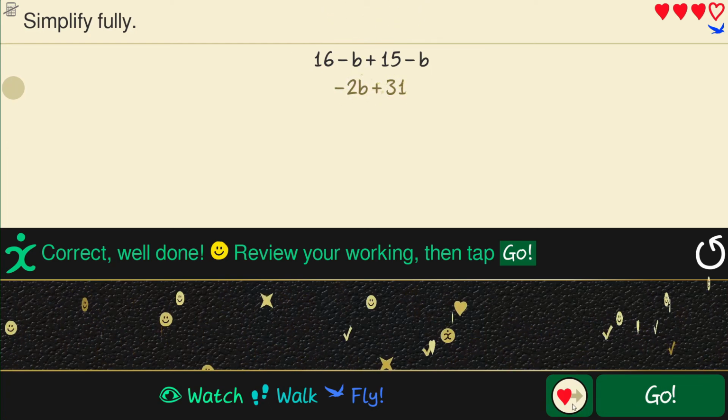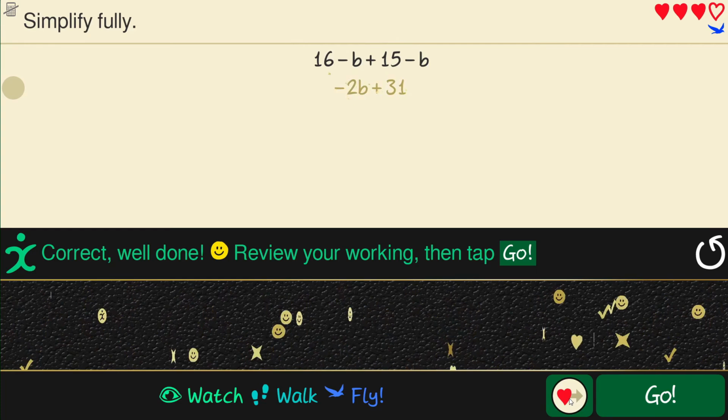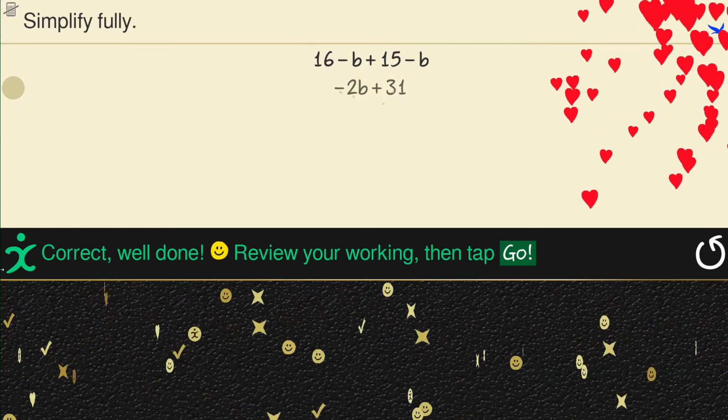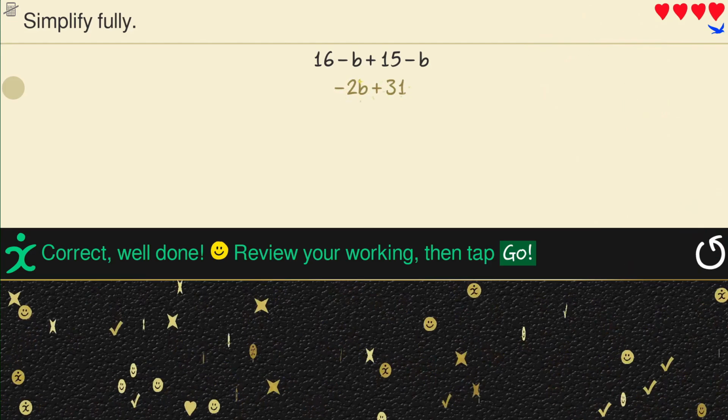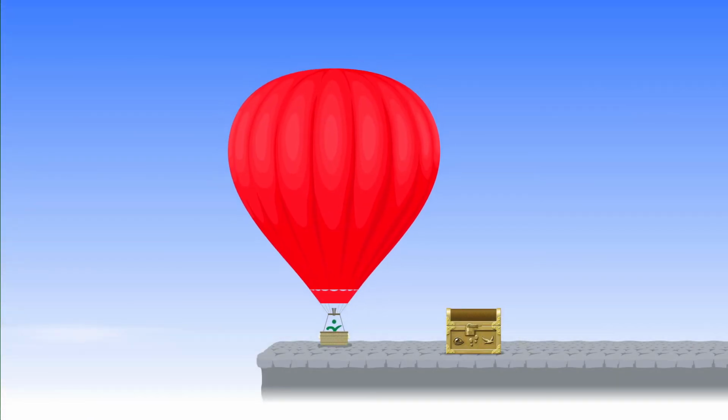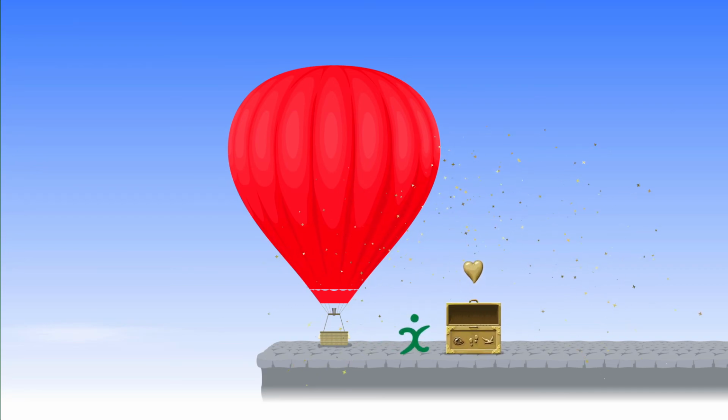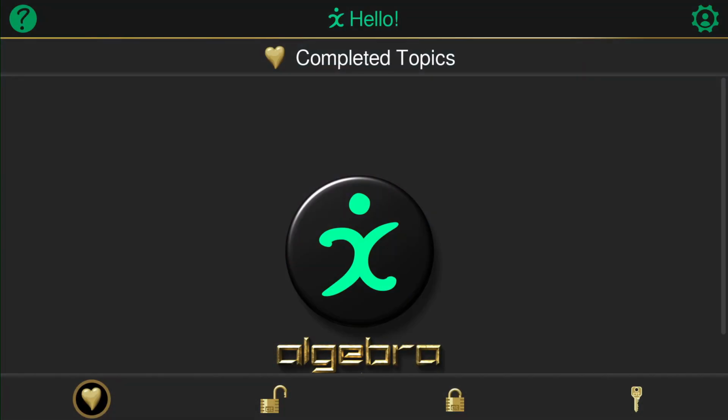Okay, so I'm going to tap the progress button, which will finish this topic, and it should then appear in the completed topics list. So there we are, that was the topic on expressions.